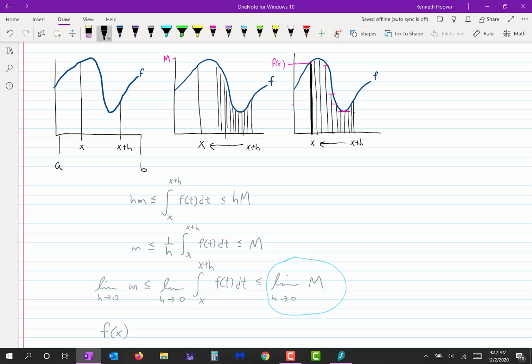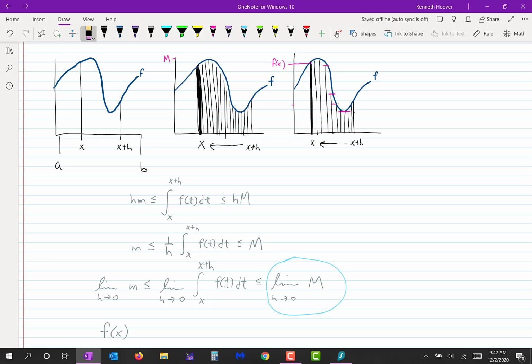But watch what happens eventually. As this line slides over to the left, the space between x and x plus h shrinks. And eventually, there's no more space between x and x plus h.